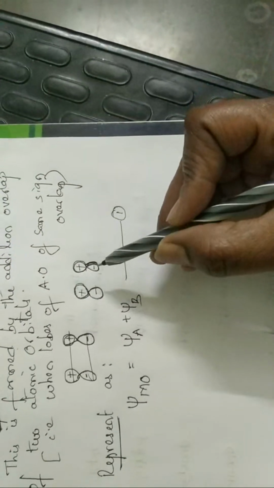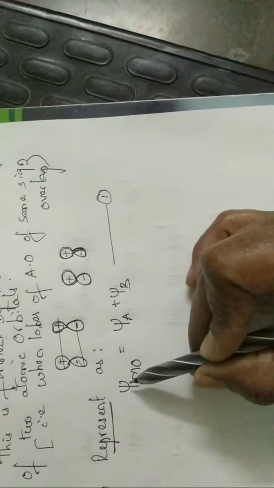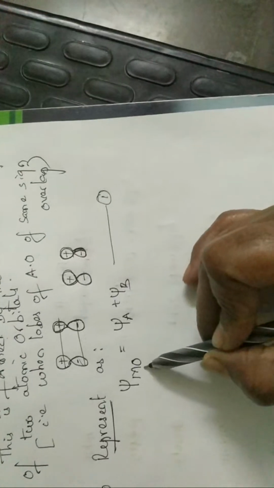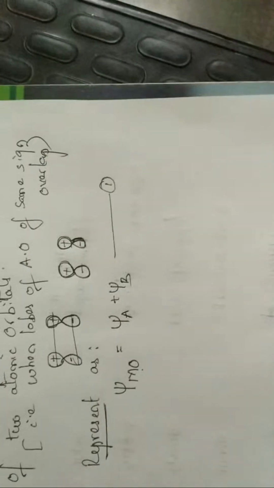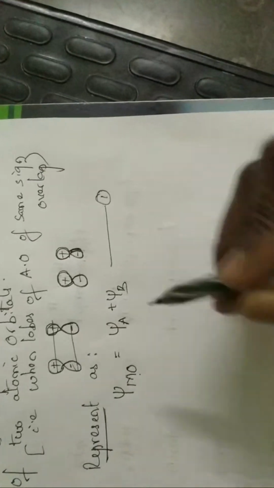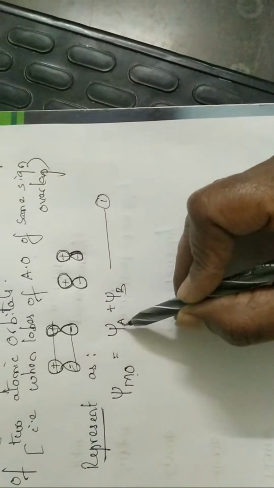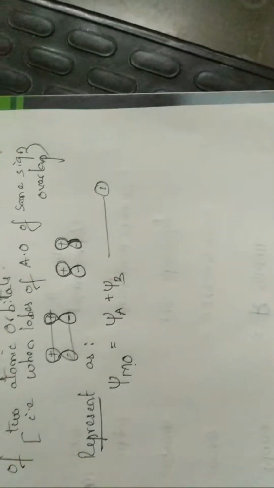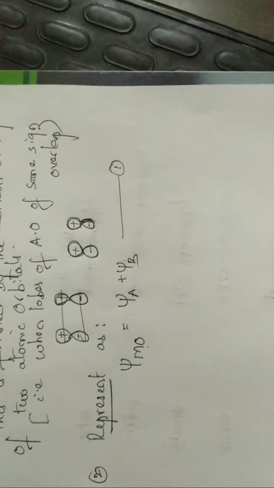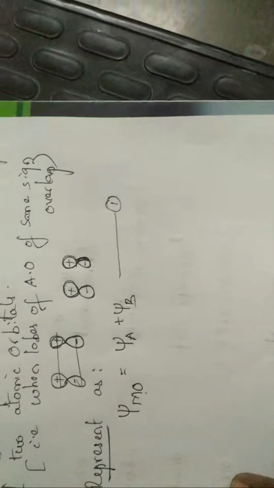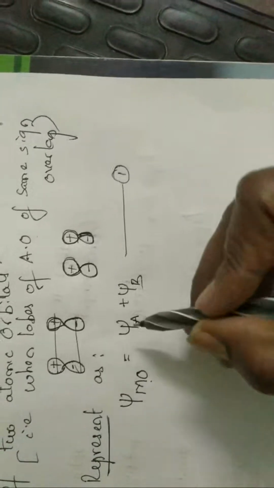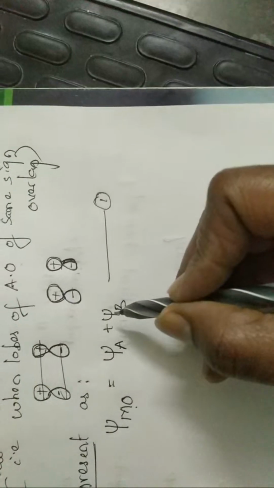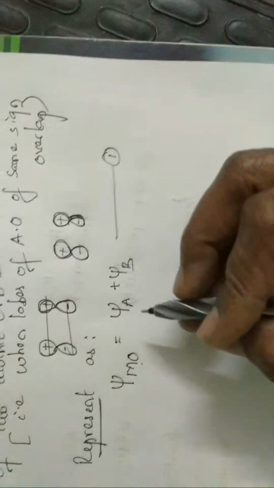It means the magnitude of psi molecular orbital is numerically greater than psi A or psi B. So what is this psi A and what is this psi B? Psi is the wave function.